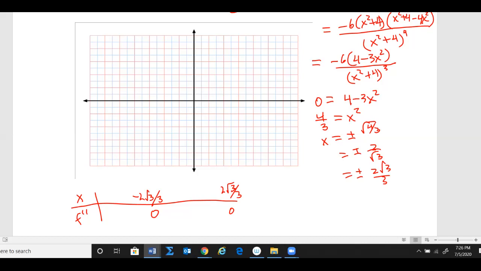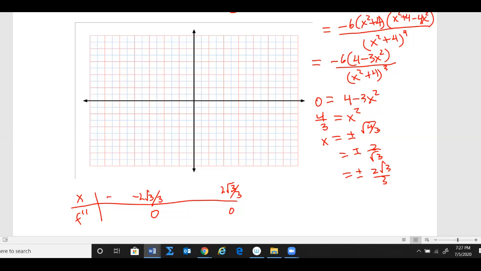Let's keep it simple. Don't have to use a root.